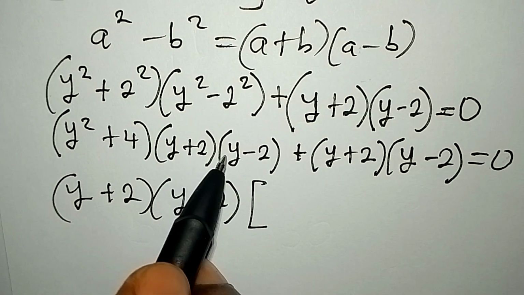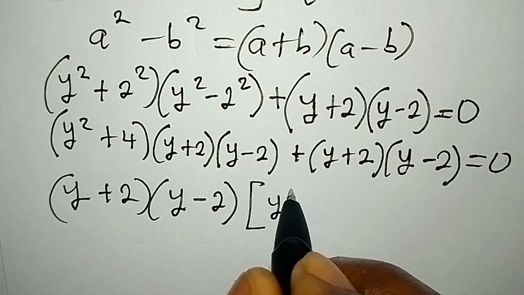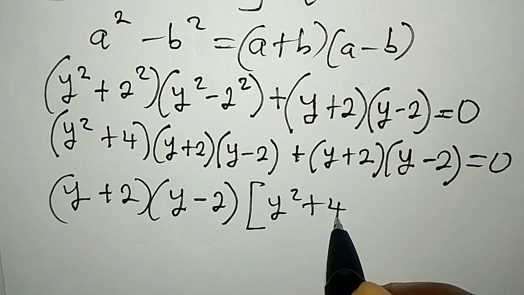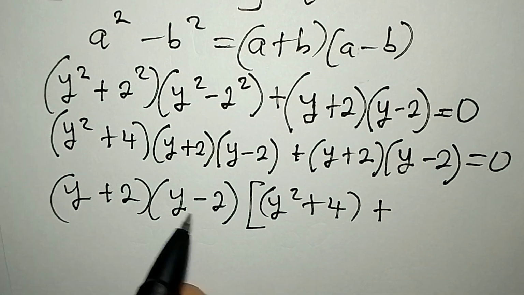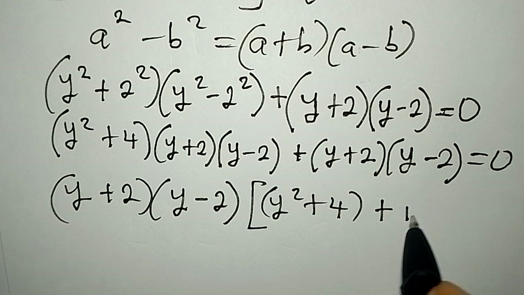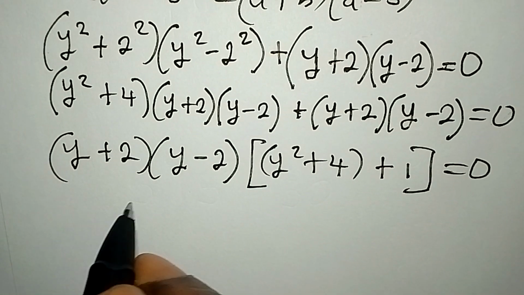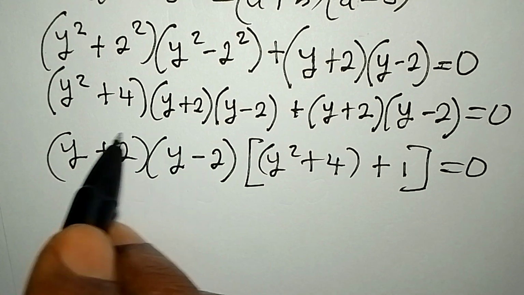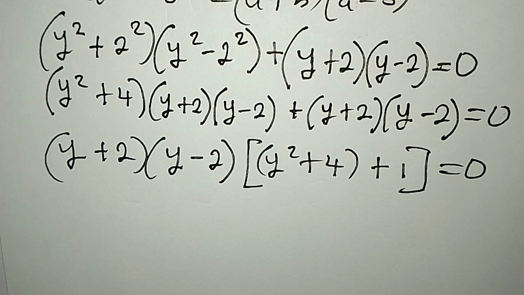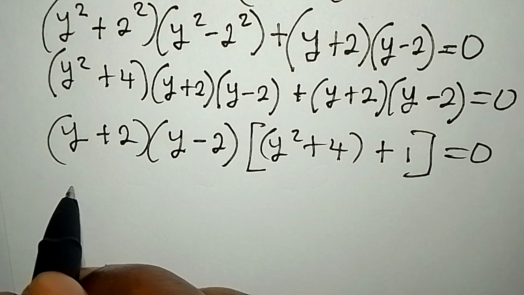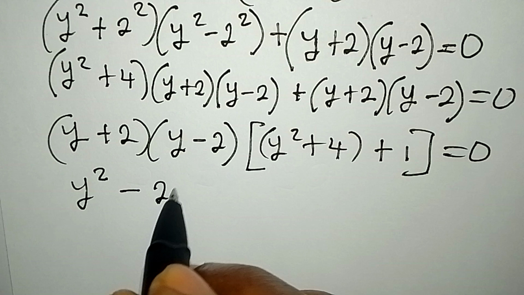Then if I factor out this and this, it means that here we have y squared plus 4, then plus the whole of this divided by the whole of this will give 1. So we group this and equate to 0. From here, discover that what you have here is already a perfect square, so why don't we go away from perfect square and get our y squared minus 2 squared.